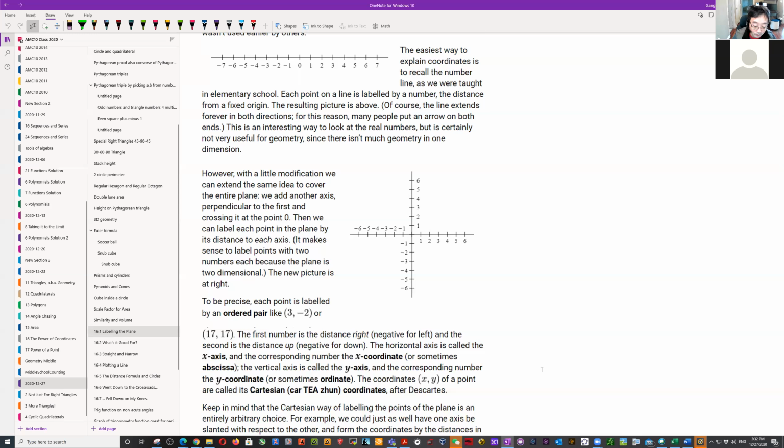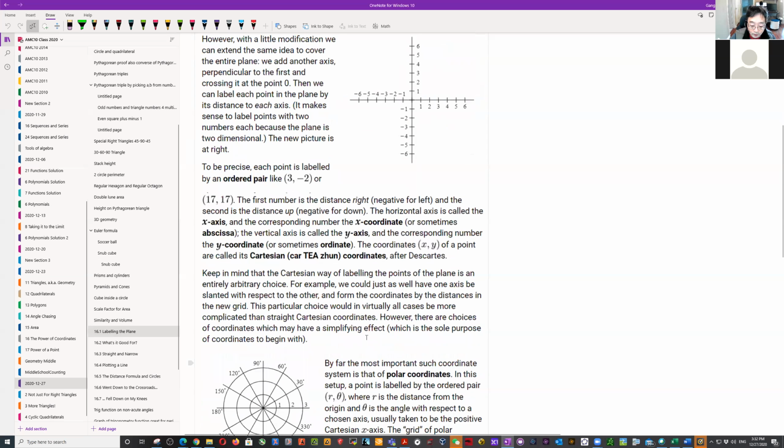So people link this system with his name, Cartesian. Descartes is French, and one of his religious names has Cartesian in it, so it became the name for the coordinate system.